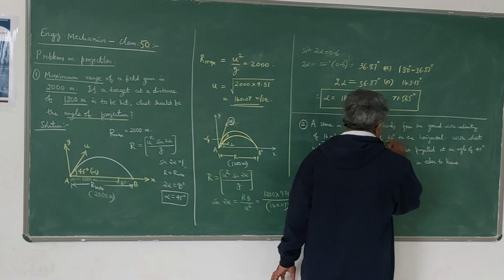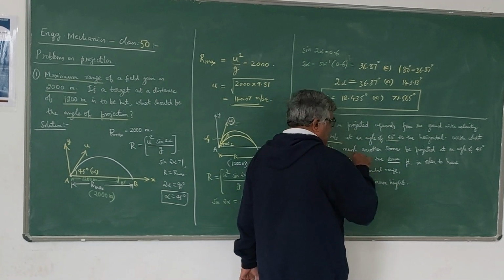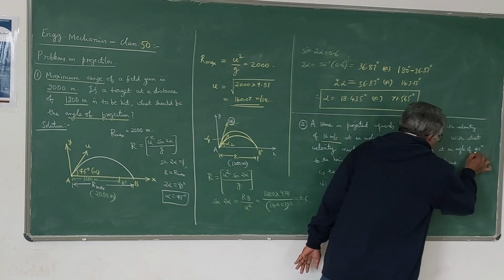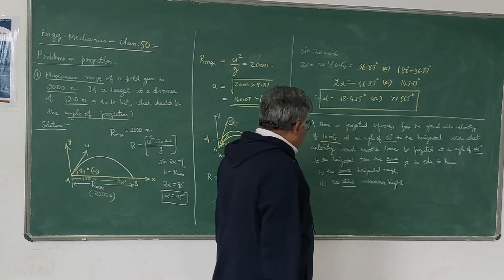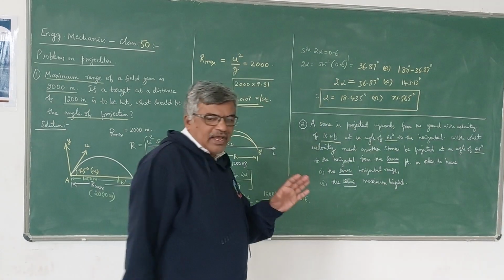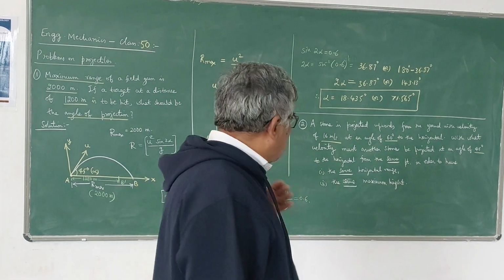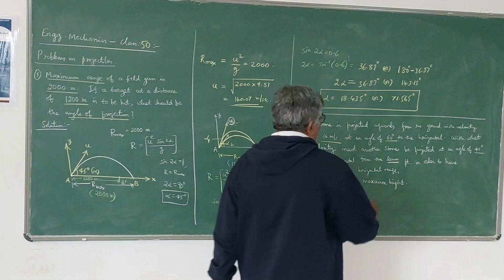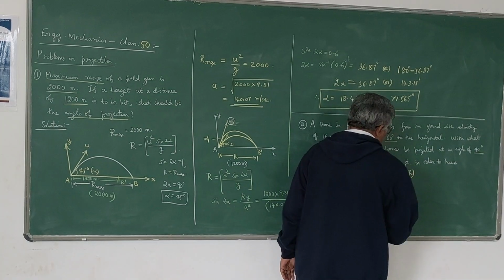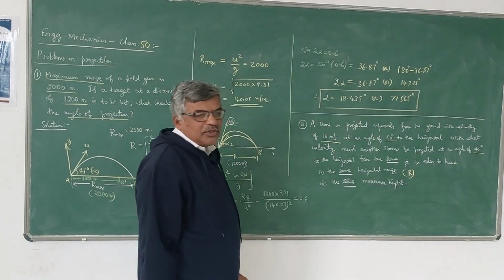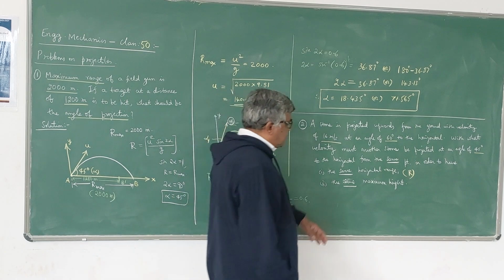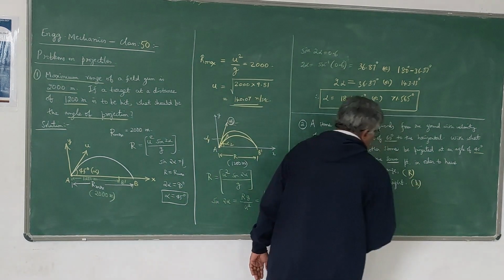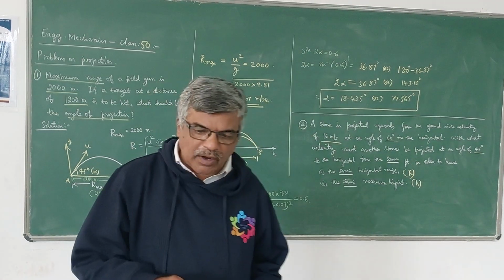We have to find the velocity, and it is projected at an angle of 45 degrees. There are two cases here. In the first case, both the stones should cover the same horizontal range, that is R should be same. In the second case, both the stones should cover the same maximum height, that is H. Okay, so this is how the problem is given.